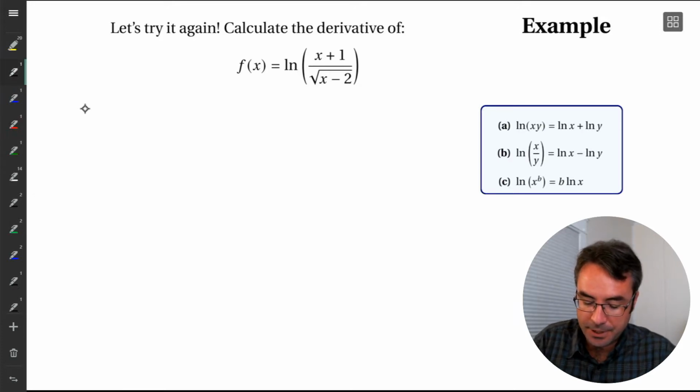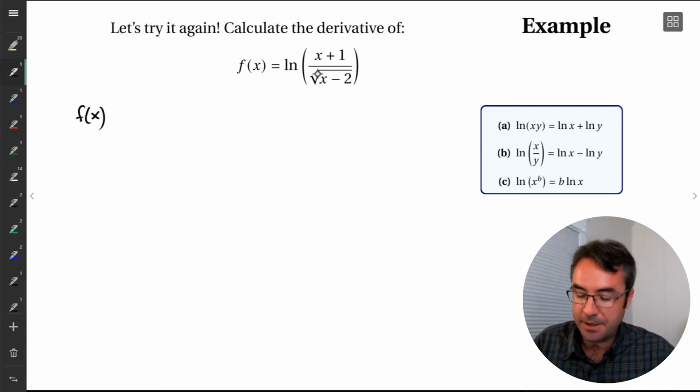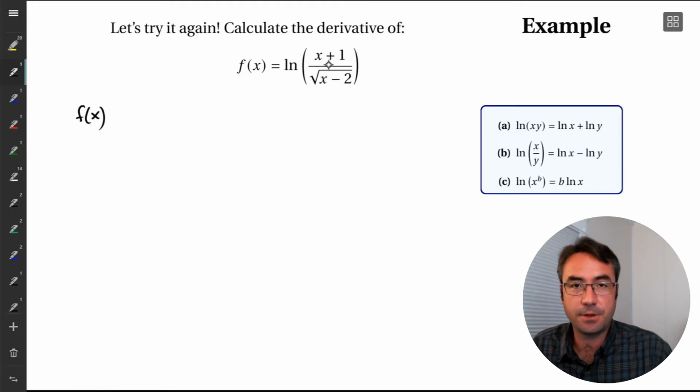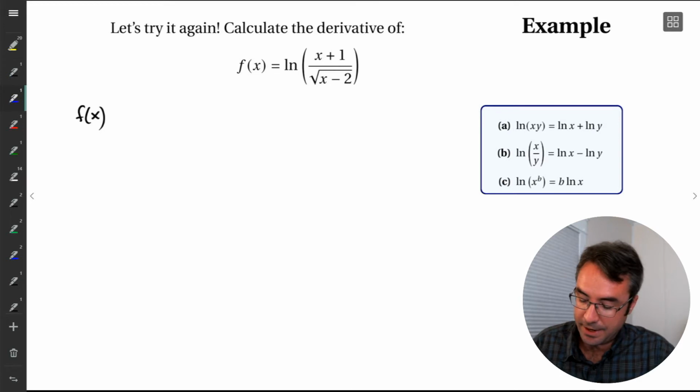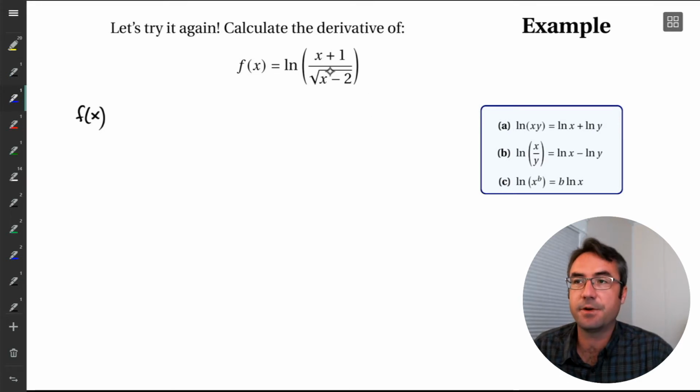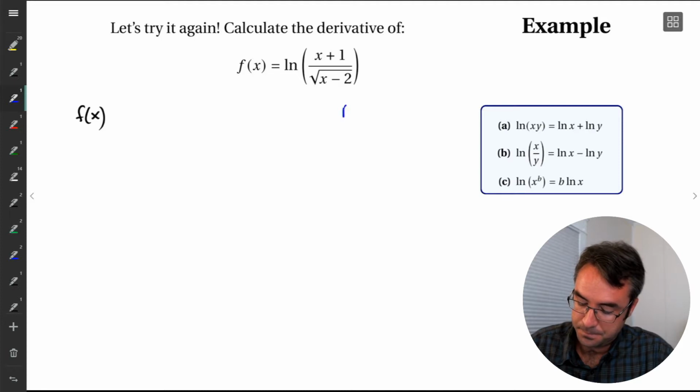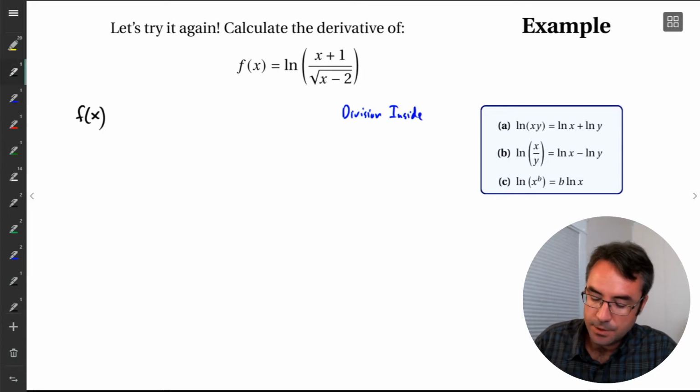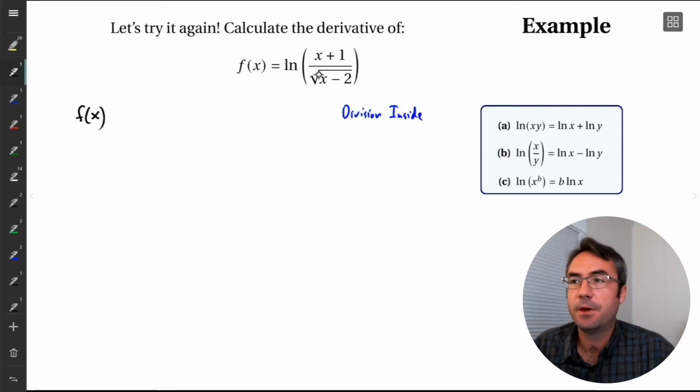So the first thing we can do, if we're looking inside the log function here, is there's division. We have division inside our log function. So what happens with division? Well, if we have a fraction inside our log function, it ends up becoming subtraction.